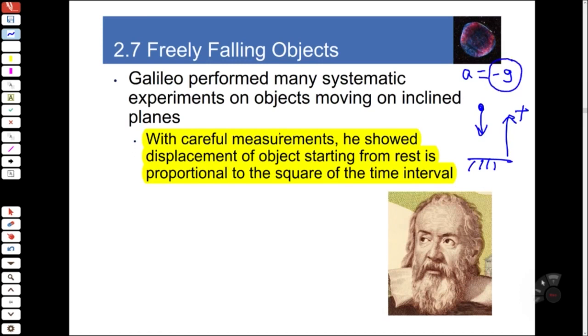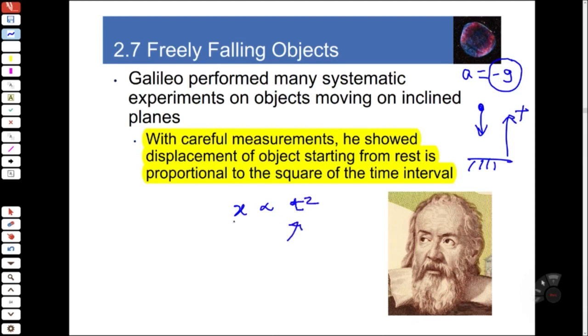Okay, and it is known that Galileo performed many systematic experiments on objects moving on inclined planes. So with careful measurement, he showed that the displacement of objects starting from rest is proportional to the square of the time interval. So that is the famous relation x is equal to a constant times t squared.